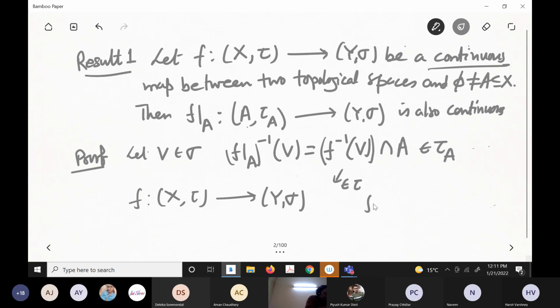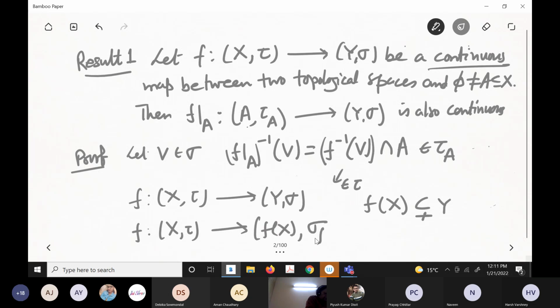That means f(X) is a proper subset of Y. Then f is also a function from (X, tau) to this, and here the topology will be this. You can check if this is continuous here, this will be continuous here. The other way also: suppose Y is contained in a bigger space for which Y is a subspace, then it will also be continuous.